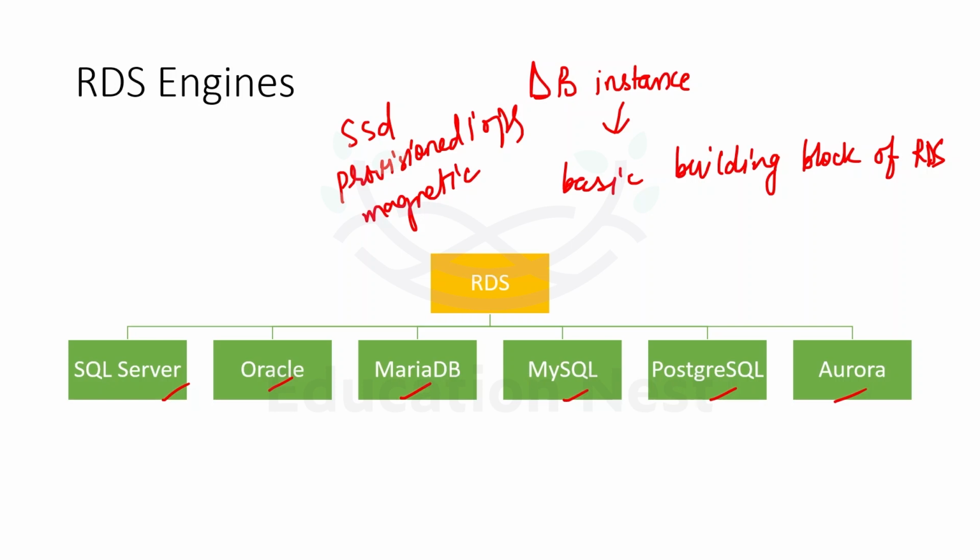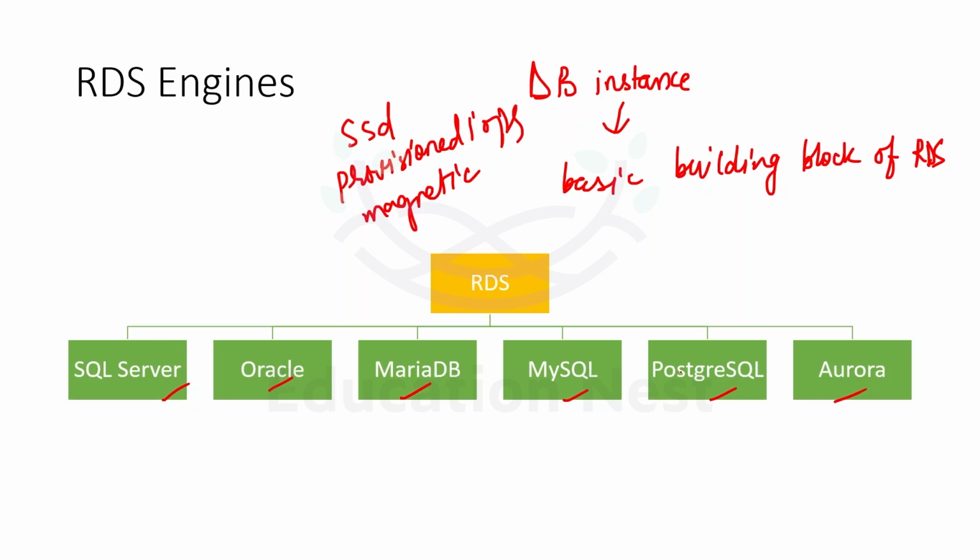The next flavor that we are going to talk about is Postgres, right? When we talk about Postgres, it supports several versions of Postgres. And if we talk about the quota, then the quota would be 40 instances.